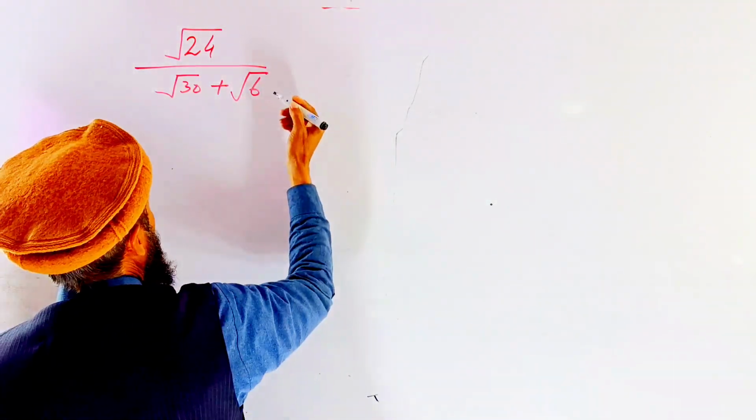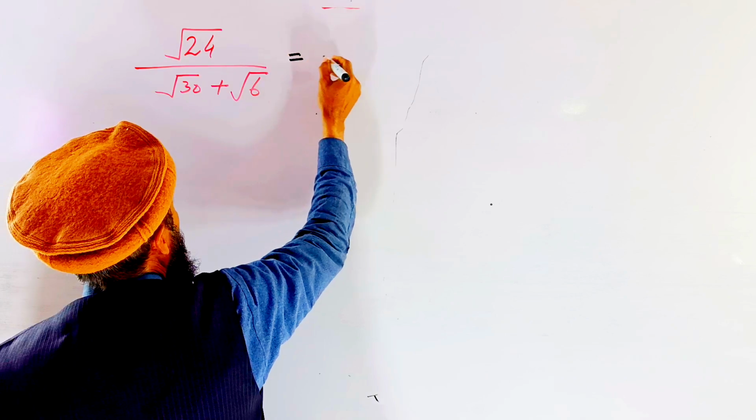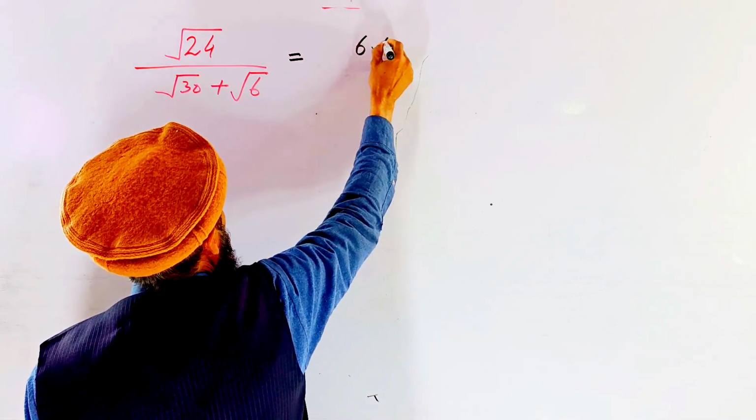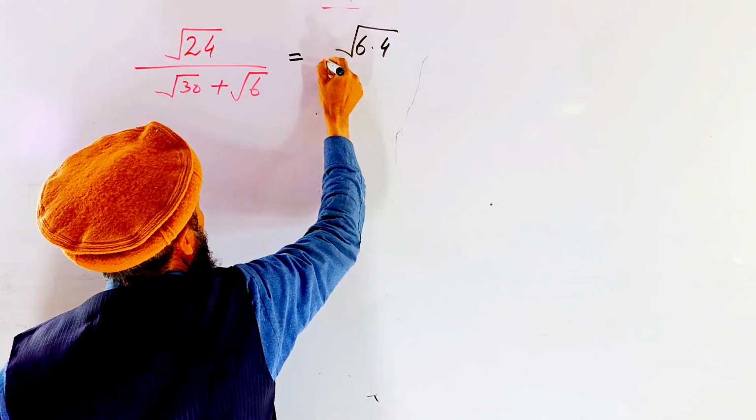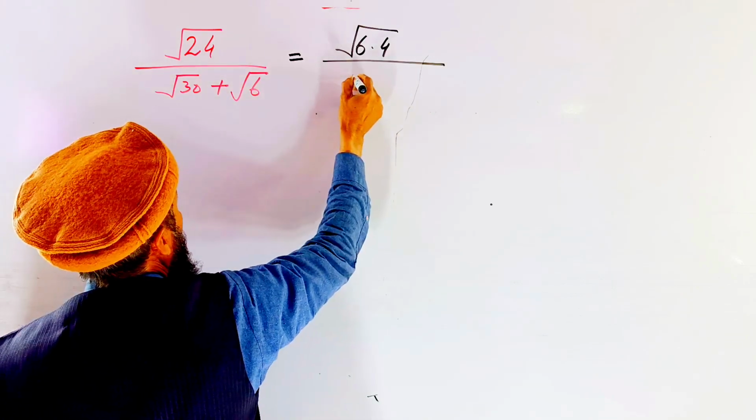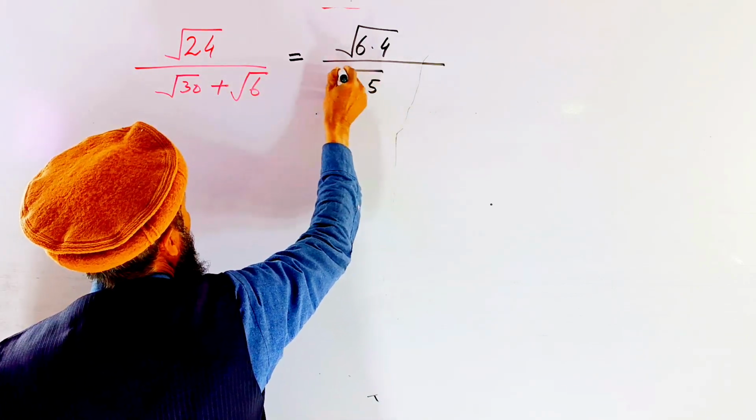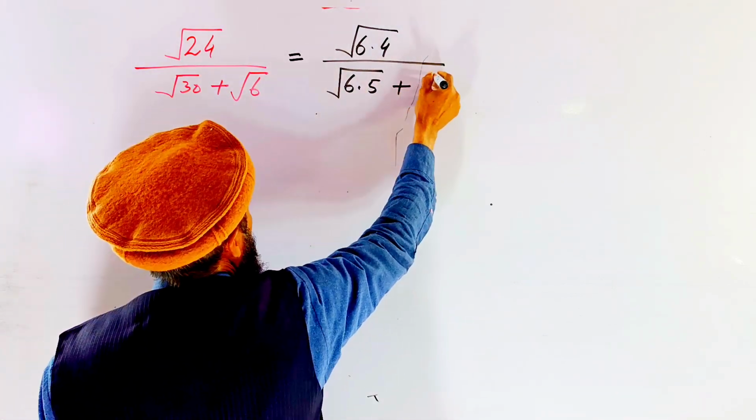So we can write √24 as √(6 multiplied by 4), divided by, and here we can write √(6 multiplied by 5) plus √6.